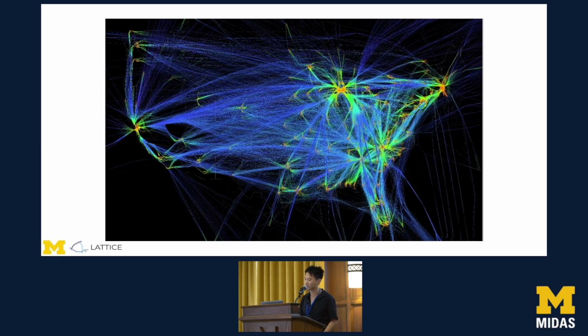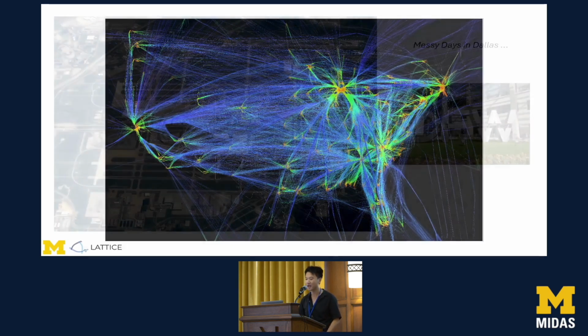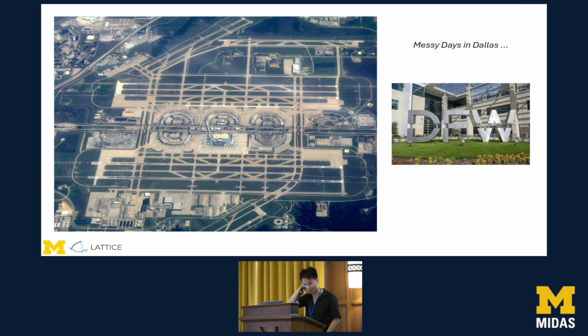To give you a sense of what the awesome folks in our air traffic control towers and facilities are dealing with every day, let me take you to that example I have for Dallas Fort Worth. Some of you might have flown through this airport before.